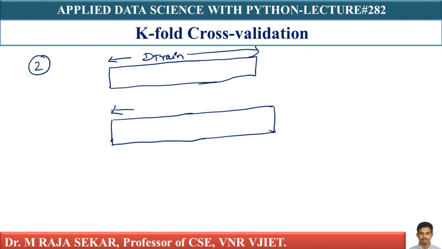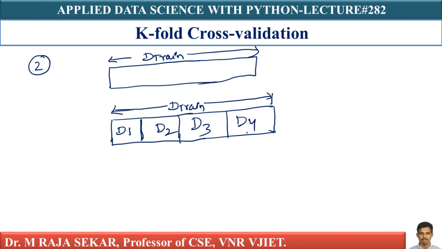We will try to divide this data into 4 parts. Let me say this is D1, this is D2, this is D3, this is D4. All are equal size. 4 equal size parts. That is important.